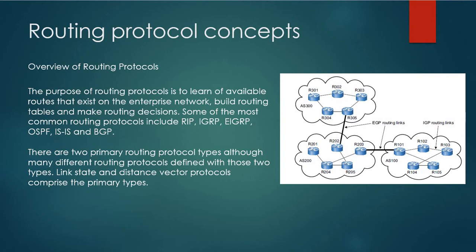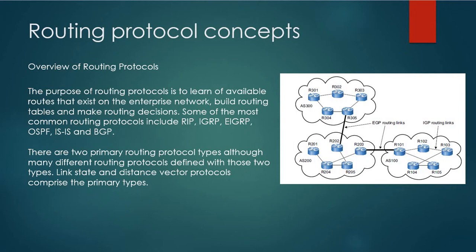These are the common routing protocols implemented in our entire network, from LAN to wide area network, from a local switch to entire internet communication, maybe a corporate or an enterprise network, or a local area network, or a building.